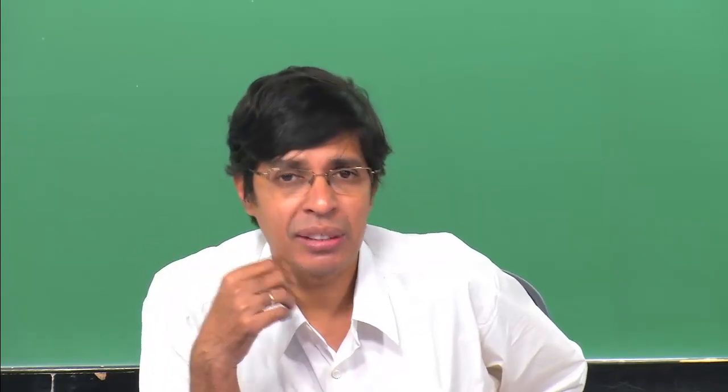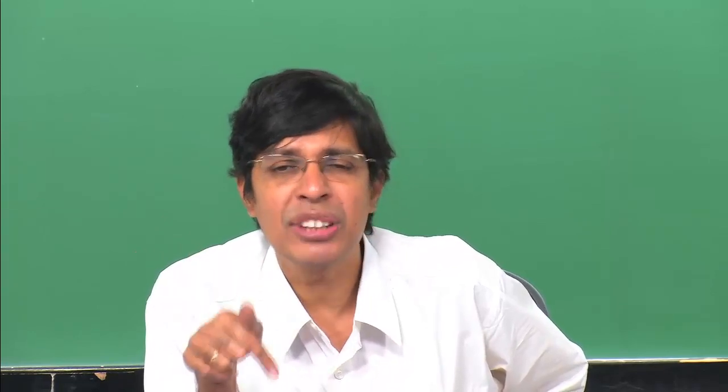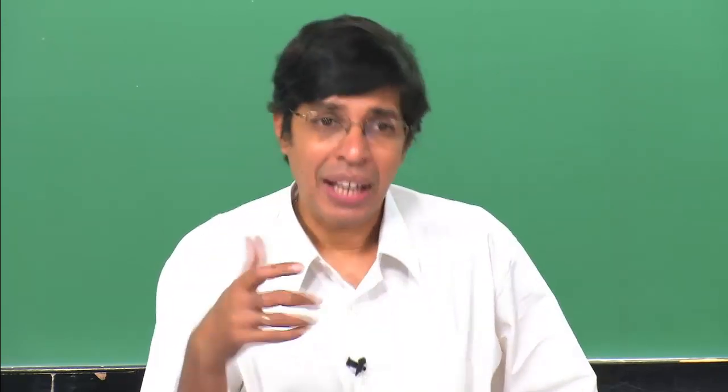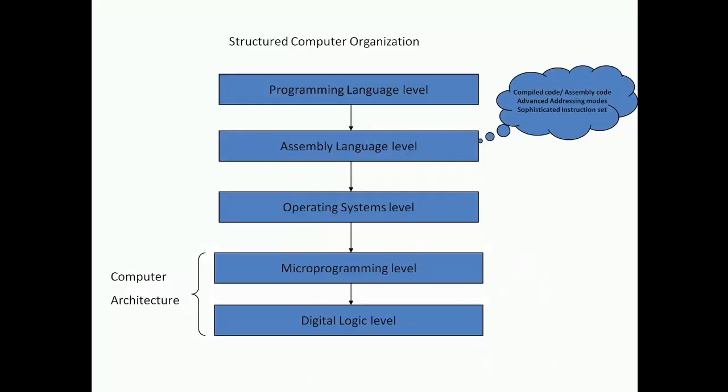Compilers will ask for several features, and what we will address specifically in this course is, from a security point of view, what the compiler is going to ask and how the architecture provides it. Similarly, the compiled or assembly code will need some sophistication, for example advanced addressing modes. For a normal variable, I can address it using normal addressing.